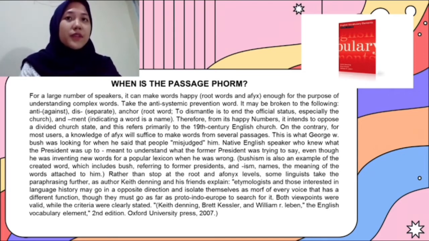On the contrary, for most users, knowledge of affixes will suffice to make words from several parts. This is what George W. Bush was looking for when he said that people misunderestimate him. Native English speakers knew what the president was up to, meant to understand what the former president was trying to say, even though he was inventing new words for a popular lexicon.